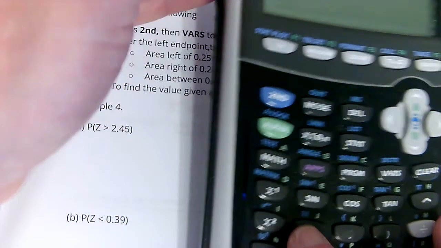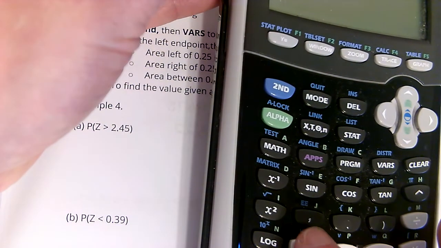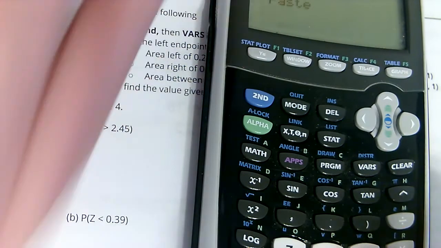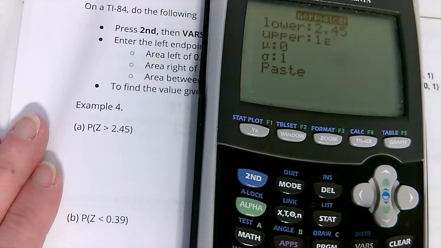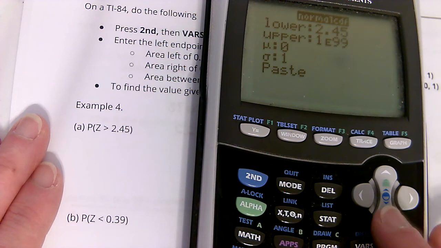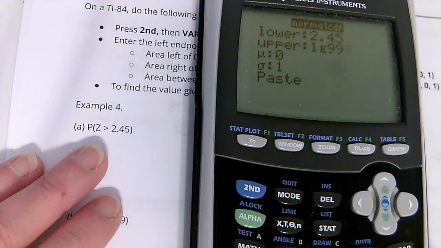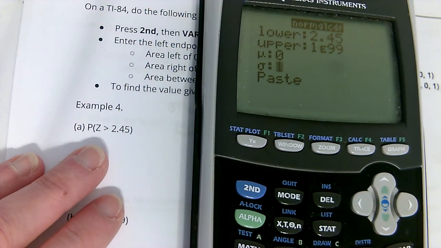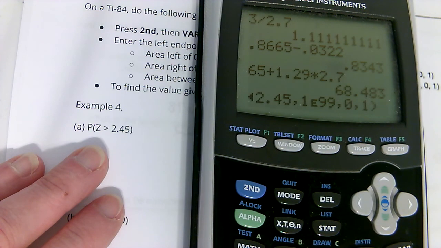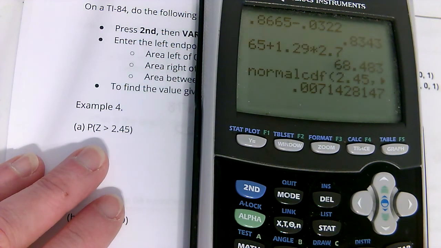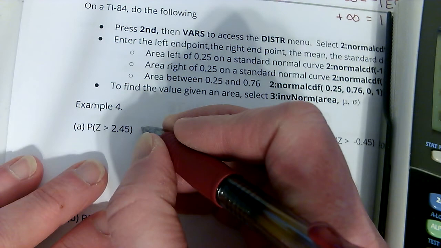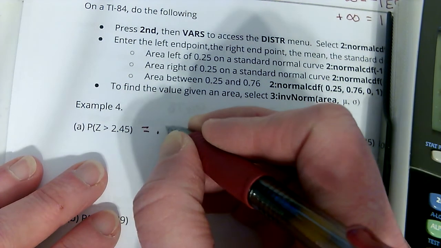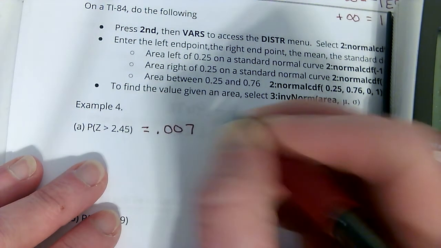You can't see it on my calculator, the E is right above that comma thing here. So I'm going to do second E, 99. And notice that it already put the mean as 0 and the standard deviation as 1. And the probability of that is 0.007.